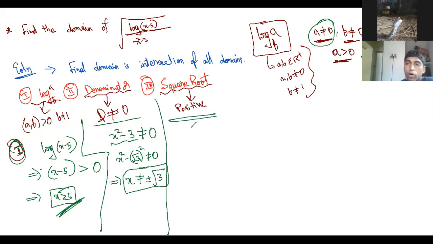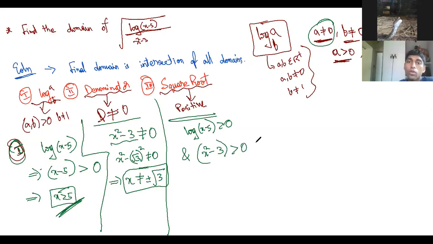What is the third condition? The square root should always be positive. In other words, log of x minus 5 should be positive and x square minus 3 should also be positive.